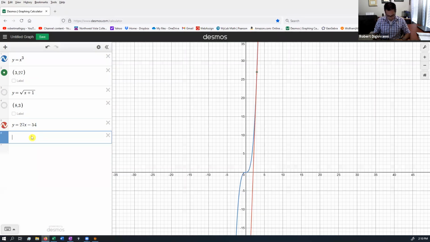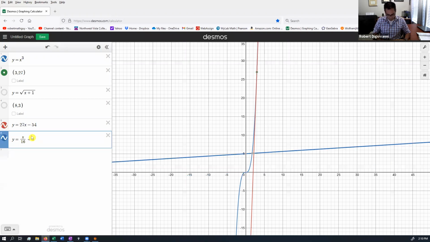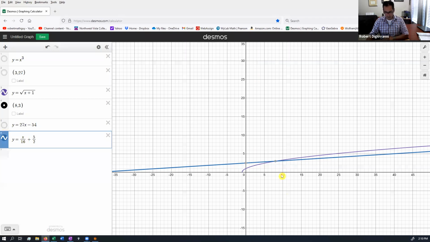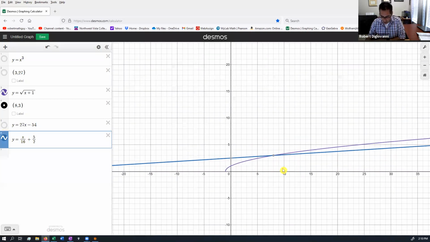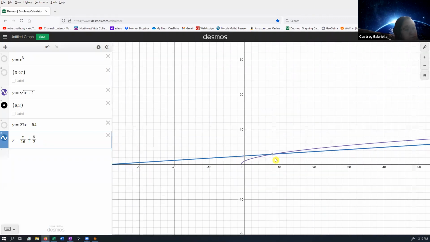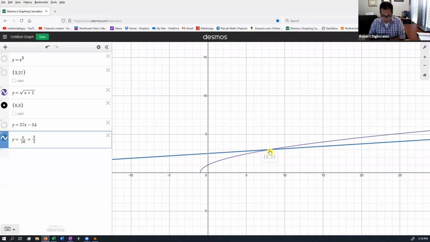Y equals 1 over 16 x plus 5 over 2. That looks like it might be off. Do you see that? You got a line. It does go through that point, but it doesn't look like it's tangent. Seems like there's something off here.